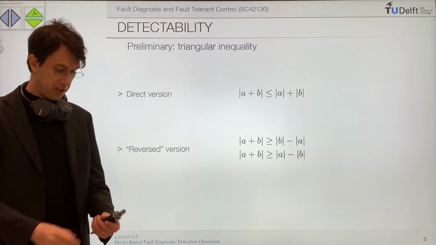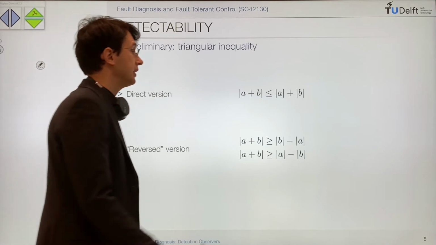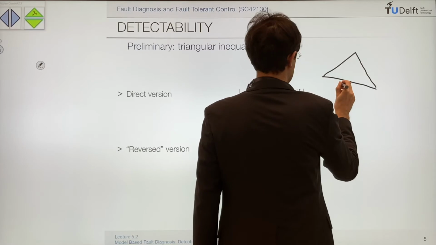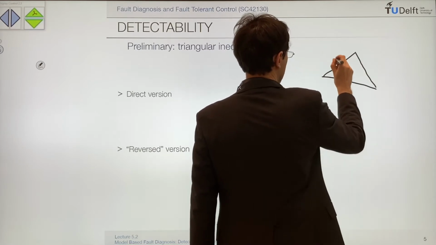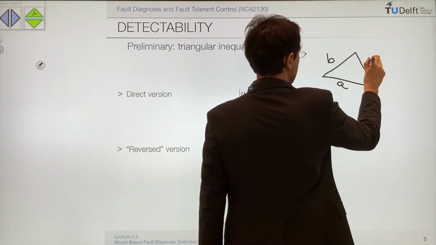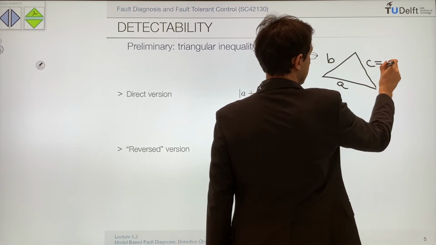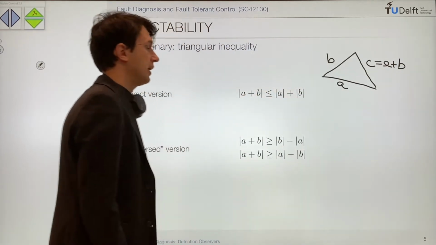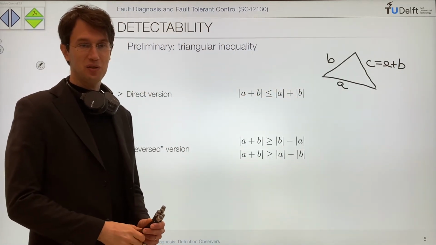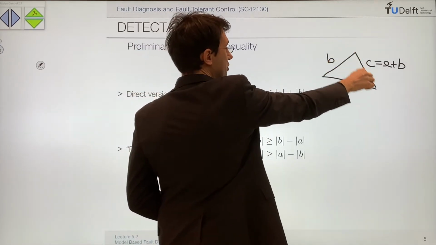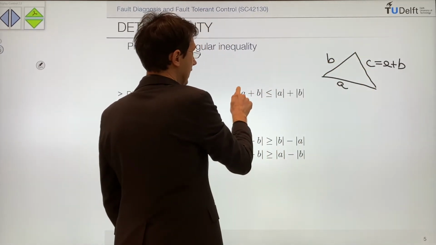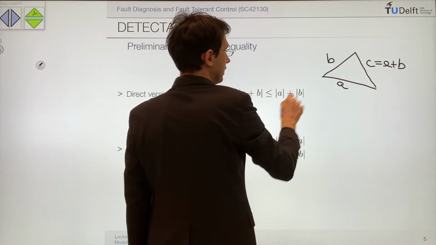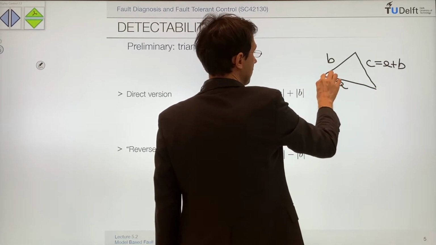So in the direct version, the triangular inequality is telling us that if you have a triangle and you have a side that you call A and one that you call B, and the side C that is equal to A plus B, when A and B are vectors, in order for the triangle to close and not to stay open, you need that the length of the side C should be less or equal than the sum of the length A and the length B.